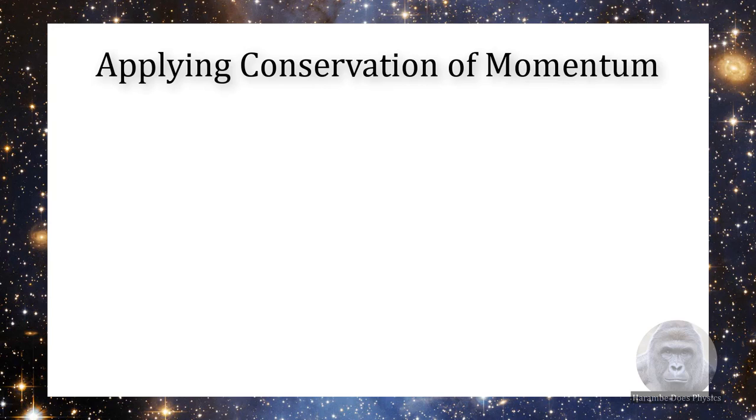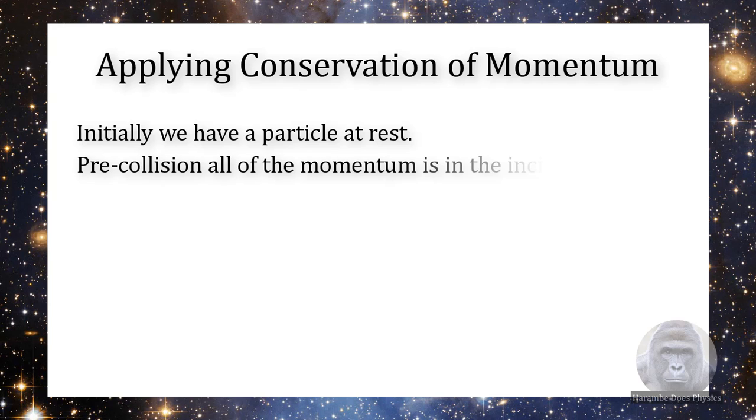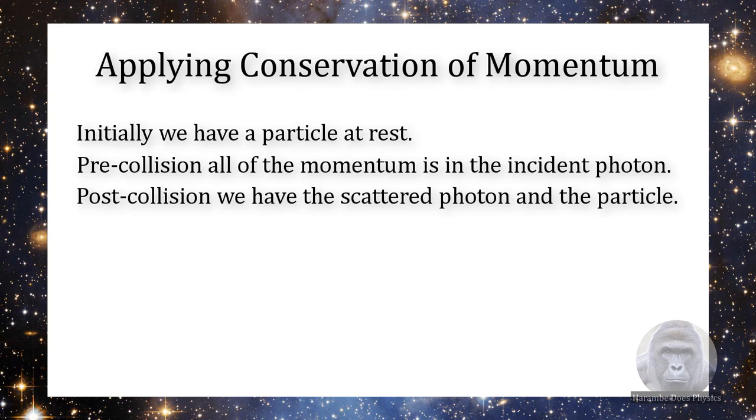Next, we examine the conservation of momentum. Initially, we have a particle at rest. This means that the incident photon carries all of the initial momentum. Post-collision, we have the scattered photon and a presumably moving particle.